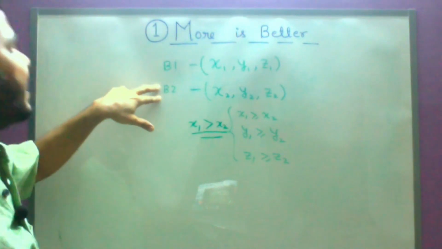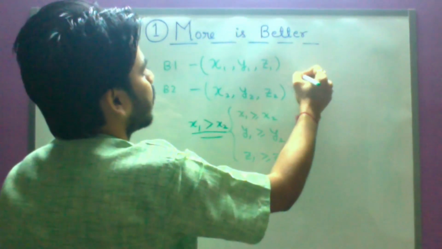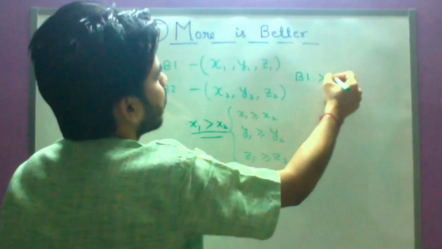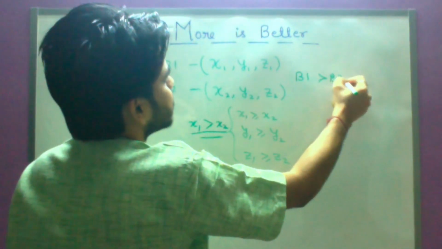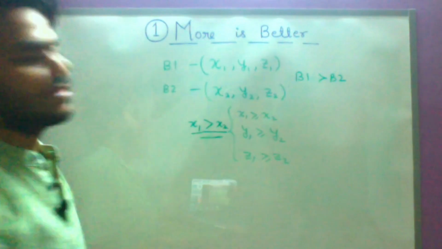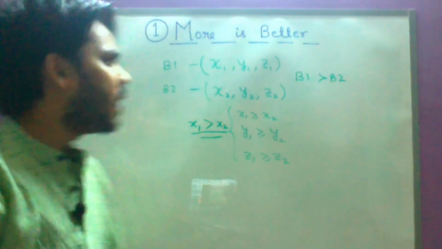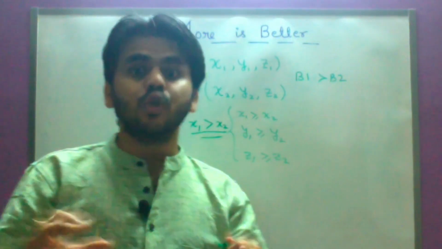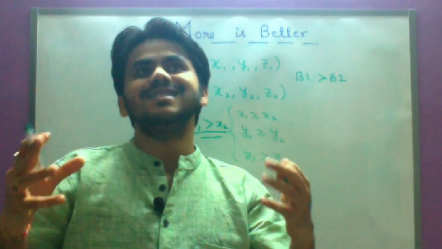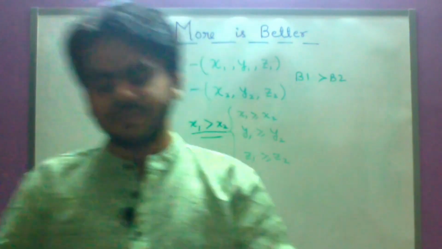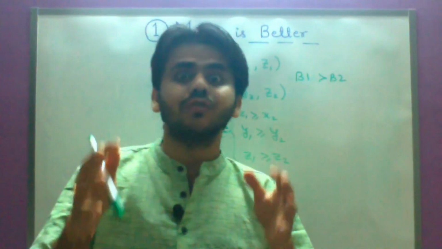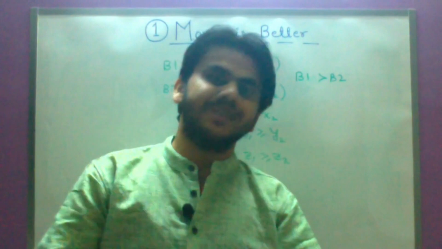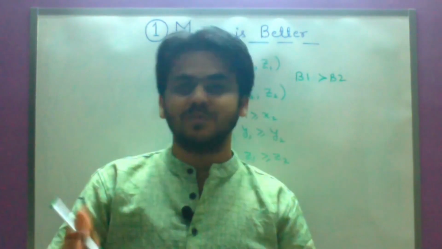I will always prefer bundle 1 to bundle 2. The reason is more is better. It's as simple as this. We also call this monotonicity of preferences, or simply monotonic preferences.